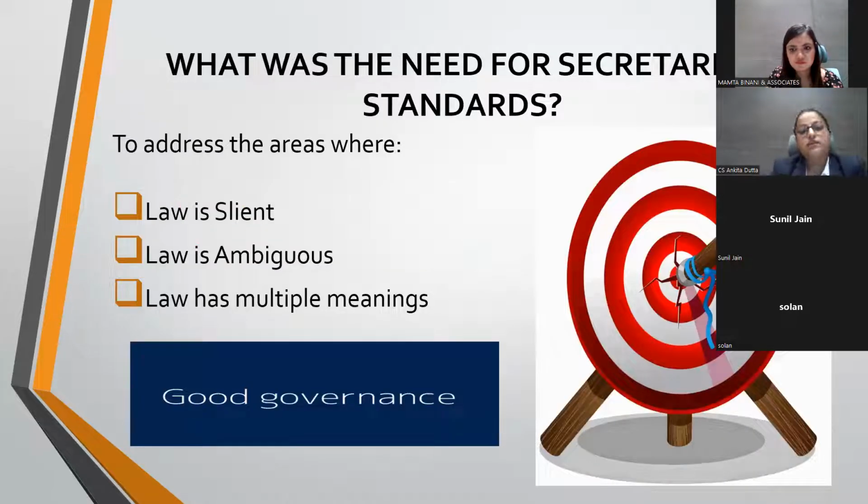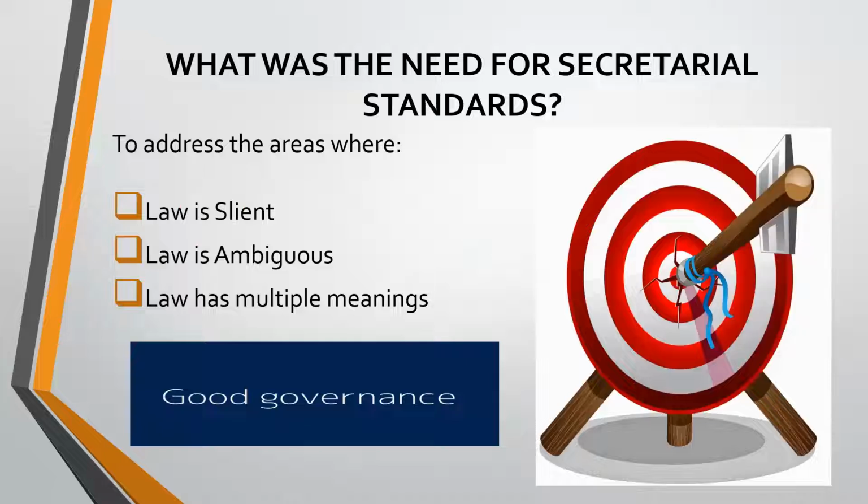So before starting with the topic, let's understand what was the need for secretarial standards. The Institute of Company Secretaries of India has issued till now 10 secretarial standards, out of which SS-1 on board meetings and SS-2 on general meetings are mandatory to follow.